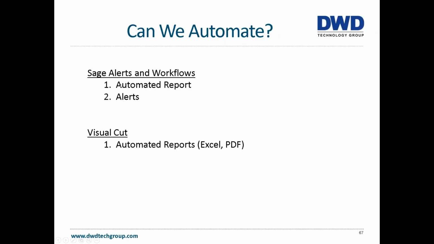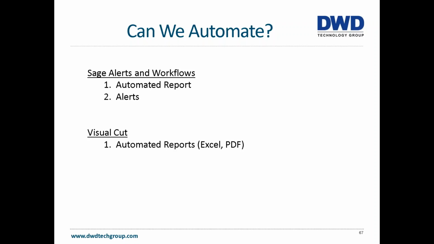The difference between the two, and the reason we show the two, is Visual Cut, you can go out there and Google it, it's only $300. It's significantly less than Sage Alerts and Workflow. That said, it cannot do quite the alerting that Sage Alerts and Workflow can do. It does not know what the data was before.